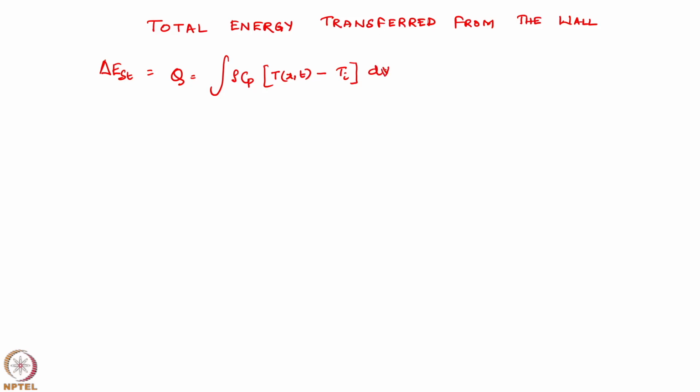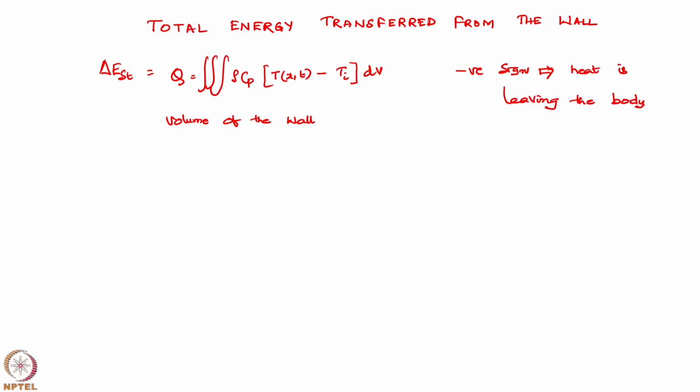Remember, this is dV, so this should be a triple integral. So the integration is performed over the volume of the wall, and here the negative sign, in case you end up with a negative sign, implies that heat is leaving the body.